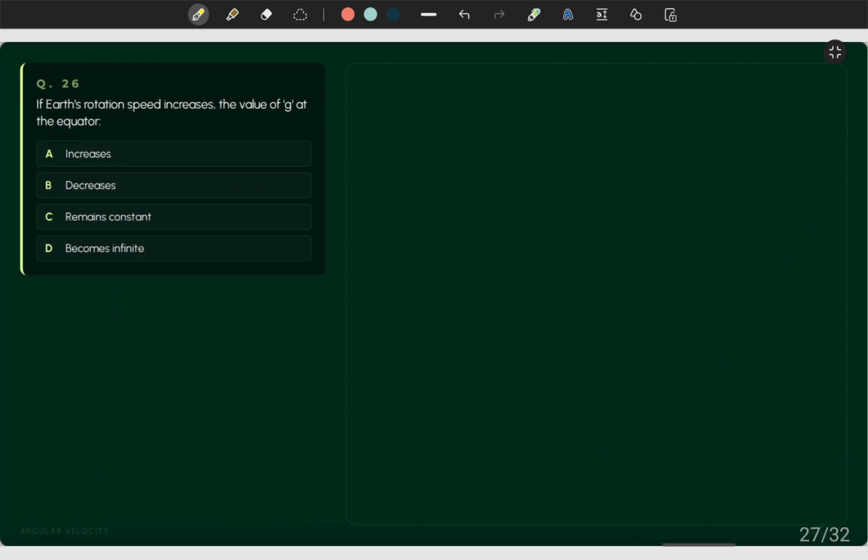Question number 26. If Earth's rotation speed increases, the value of g at the equator will be. So, variation of g with respect to rotation is given by g minus r omega square cos square phi, where phi is the latitude. So, at equator, phi is 0.